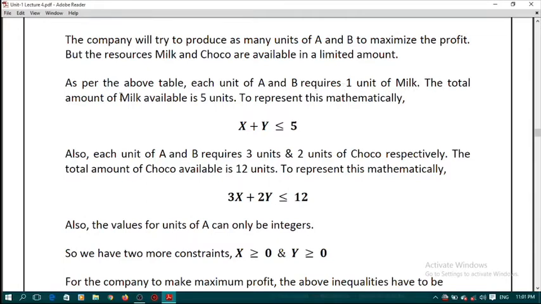The total amount of milk available is 5 units. To represent this mathematically, we have x plus y less than or equal to 5. Also, each unit of A and B requires 3 units and 2 units of choco respectively. The total amount of choco available is 12 units. Mathematically, we have 3x plus 2y less than or equal to 12.